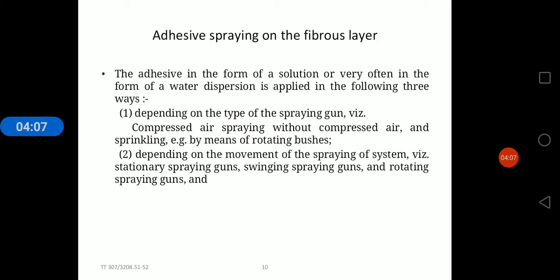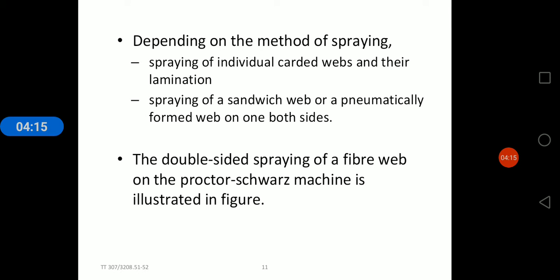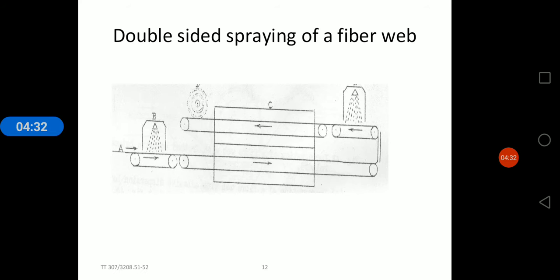Depending on the movement of spraying systems: stationary spraying guns, swinging spraying guns and rotating spraying guns. Depending on the method of spraying of individual carded webs and their lamination, spraying of sandwich webs or pneumatically formed web on both sides. The double-sided spraying of a web on a machine is illustrated.